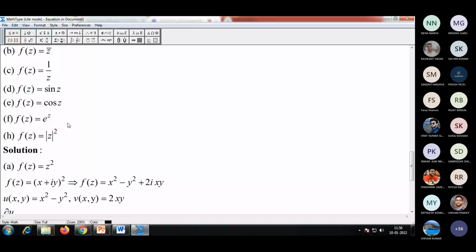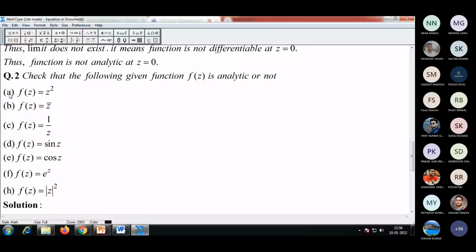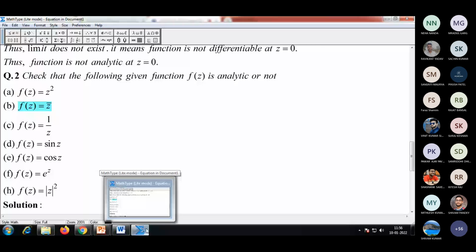So you all will check the analyticity of all these functions. One question has been completed. Has anyone completed the second question? Nidhi, have you completed it or are you doing it? Yes, sir, it's non-analytic.